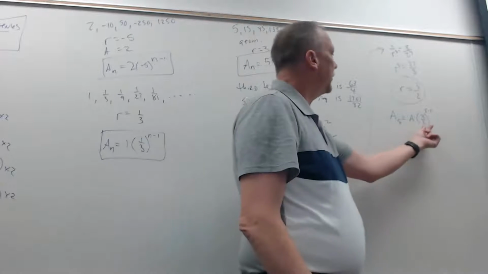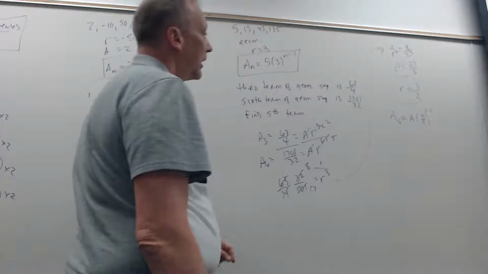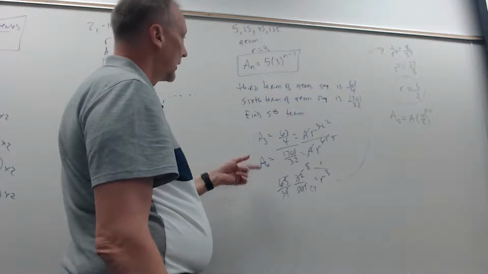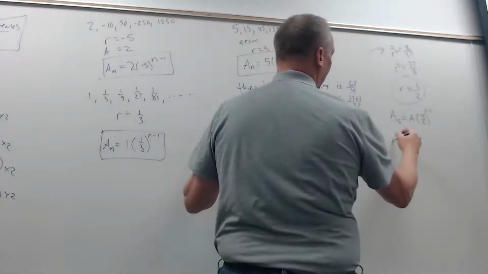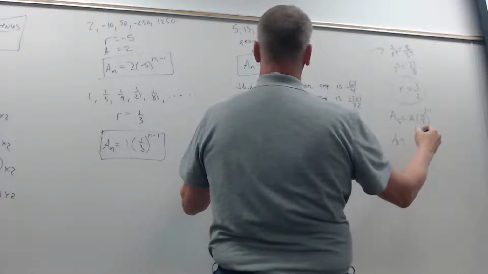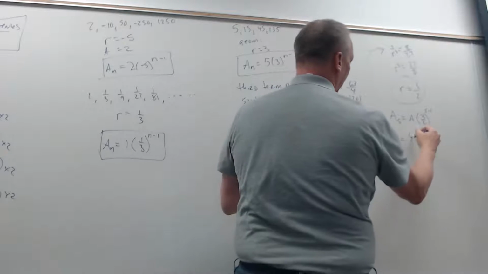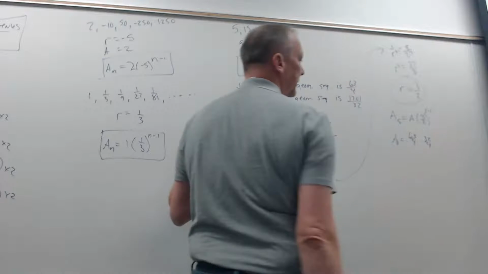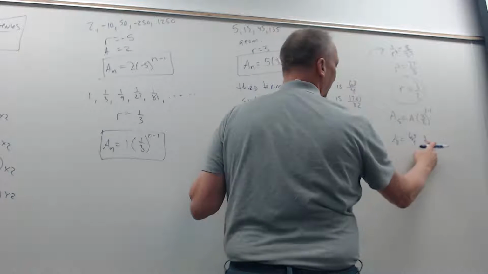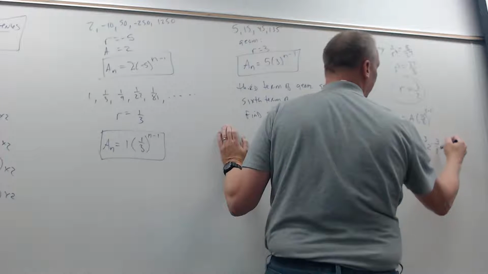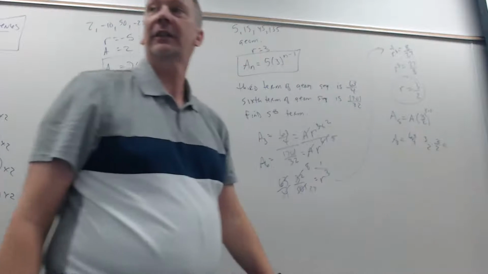If we know that the ratio is 3 over 2, I could take a sub 3, which is 63 over 4, multiply it by 3 over 2, which would give me a sub 4, and multiply it by 3 over 2, which would give me a sub 5, correct?